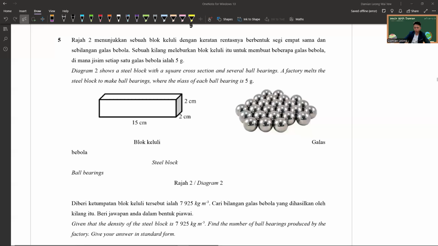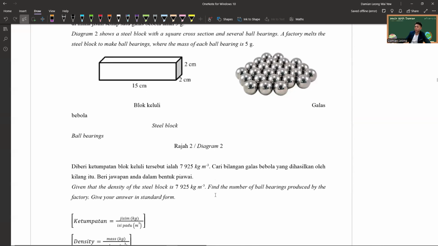Next, question 5. Diagram 2 shows a steel block with square cross-section and several ball bearings. A factory melts the steel block to make ball bearings, where the mass of each ball bearing is 5 grams. So, given that the density of the steel block is 7,925 kg per meter cube, find the number of ball bearings produced by the factory, giving your answer in standard form.